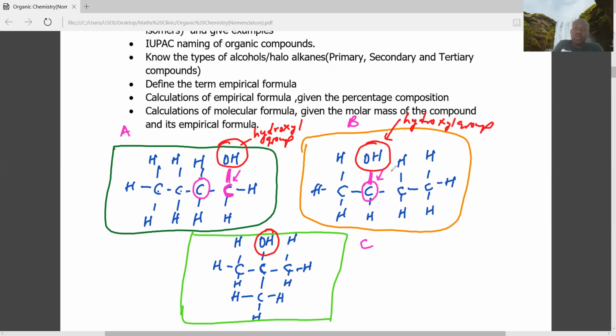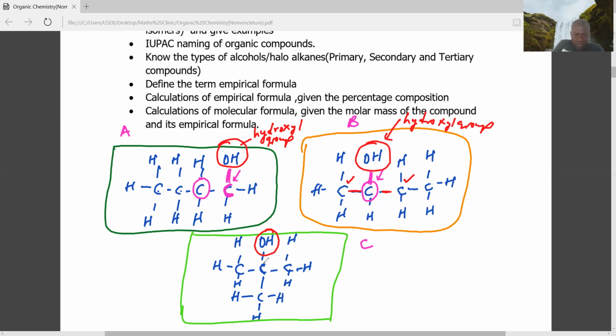Within that carbon, how many other carbons are bonded to it? When we count, we only have two. It's only this carbon and that one. So two carbons are bonded to this carbon atom which is attached to the hydroxyl group.